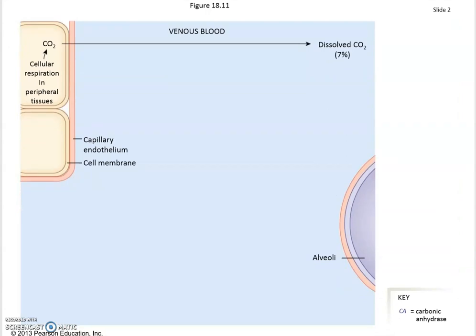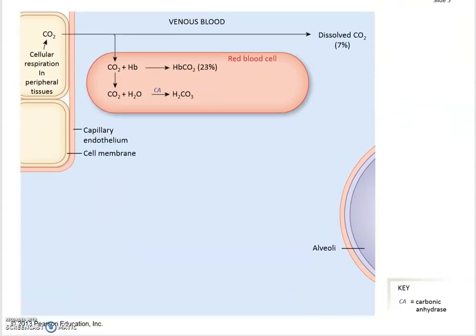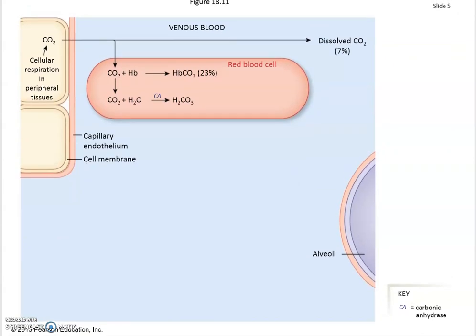In cellular respiration, you have a waste product. It's called CO2. 7% of that CO2 that's leaving the cells moves into the blood by diffusion, 7% just dissolves in plasma. 23% will bind to hemoglobin and form carbaminohemoglobin.